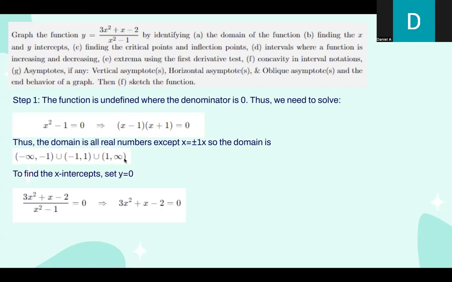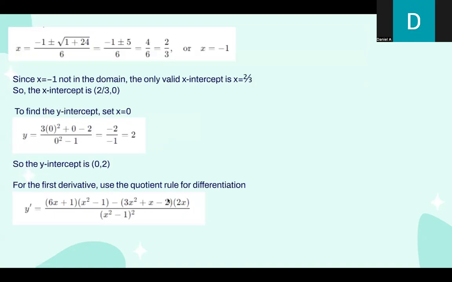Now, to find the x and y intercepts, we start with the x-intercepts. To find the x-intercept, we set y equal to 0. So (3x² + x − 2)/(x² − 1) = 0 becomes 3x² + x − 2 = 0. Solving with the quadratic formula, x = (−1 ± √(1 + 24))/6 = (−1 ± 5)/6, which gives 4/6, or 2/3, or x = −1.